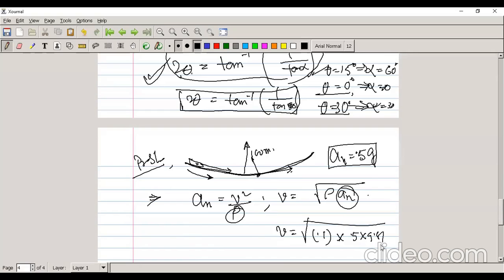But there is one trick: sometimes they say that the mass center is at a height of 0.6. Remember, this is a tricky one-line problem. Suppose they say G is at a certain height from this path, for example 0.6 meter. Do you understand this point? See, if this is your car, then this is your center of gravity, and this is the path.